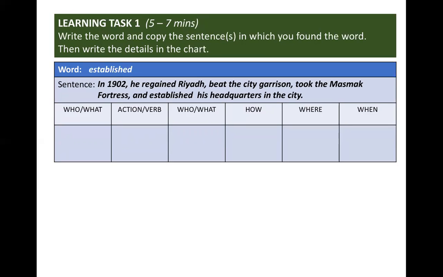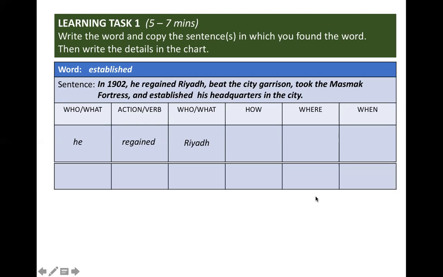So we break up the sentence, he. And what's the action? Regain. Regained what? Riyadh. Okay. But this is a series of sentences with one single who. So what we really need is another he, but we don't need to write it, but we will write the action beat.